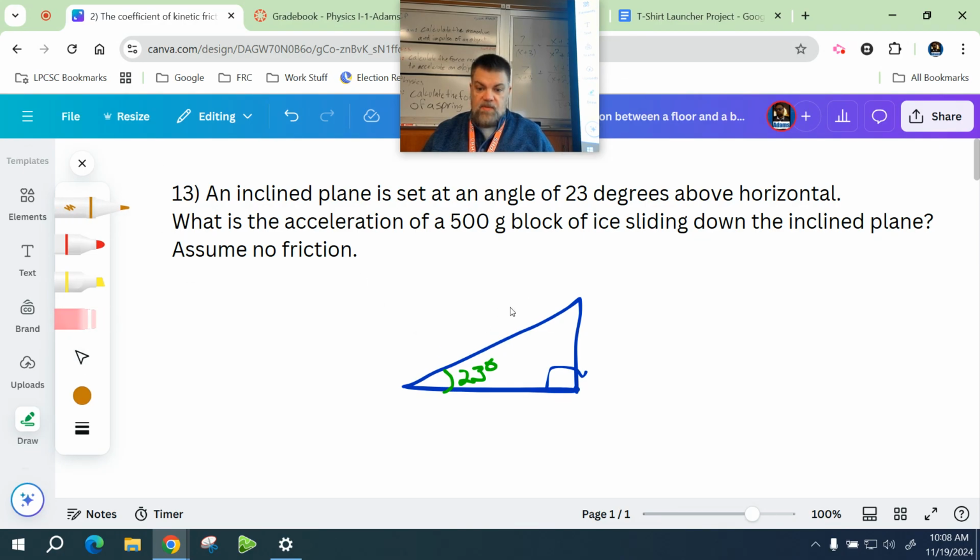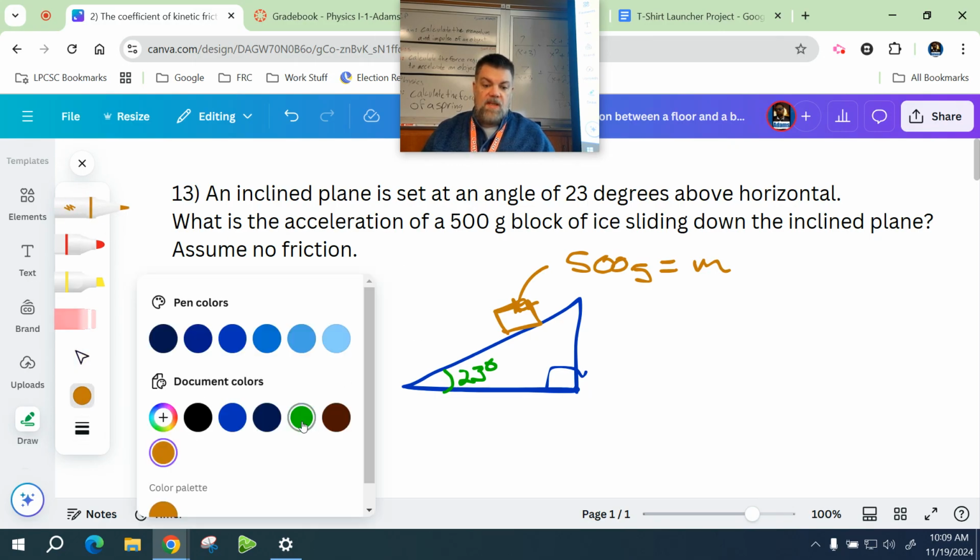The block, perfectly drawn block, that has a mass of 500 grams. And it's sliding down.